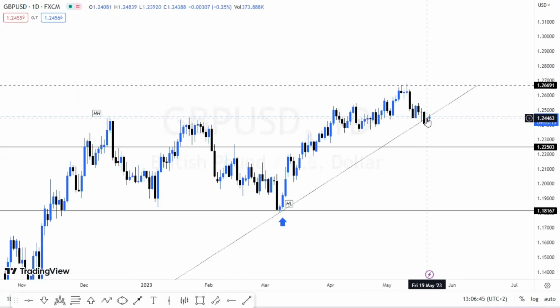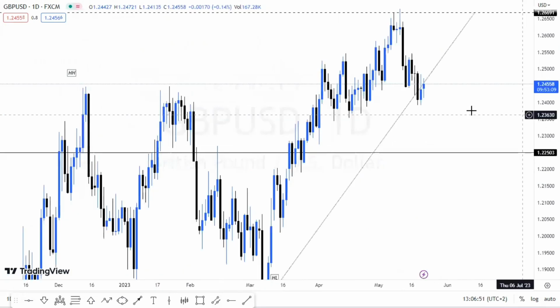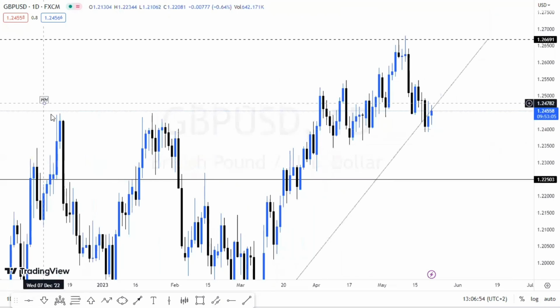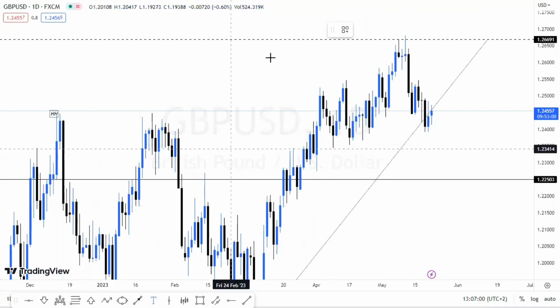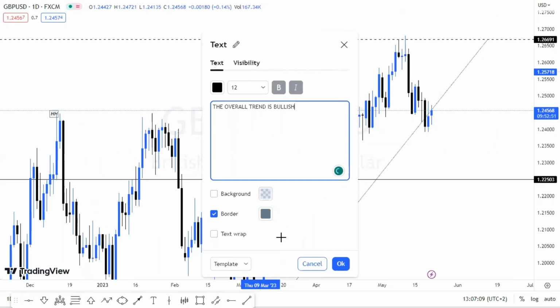and the buyers were a bit hesitant to buy at this area right here, at this support level. That should now make us question if our buyers are still strong. We understand that in the grand scheme of things, the overall trend is bullish. Keep this as a reminder on your chart.